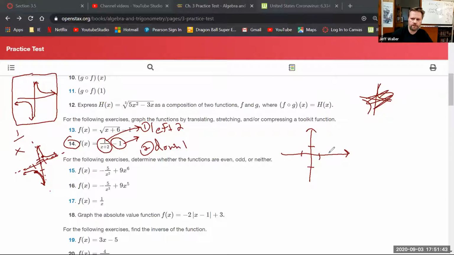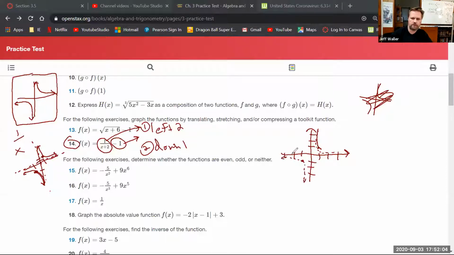So it's 2 and 1. Always sucks when the shift is like 8 or something. All right. So here's my basic shape. It goes through those anchor points. I should have done it dotted. Too bad. Those anchor points, and it's got that shape.